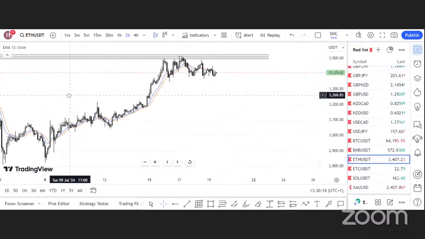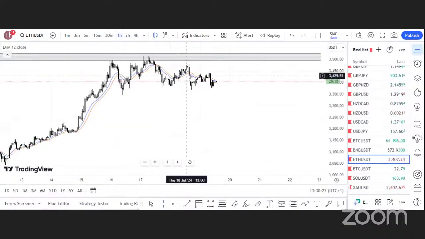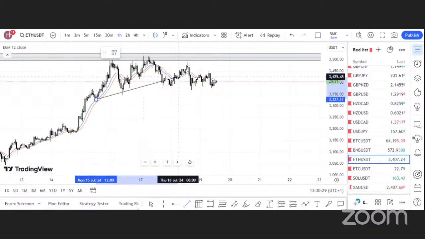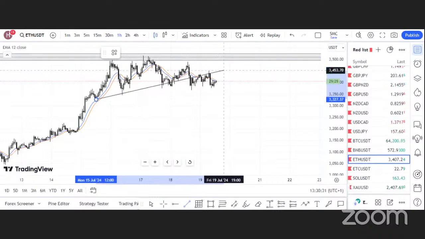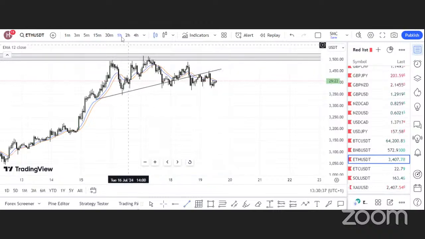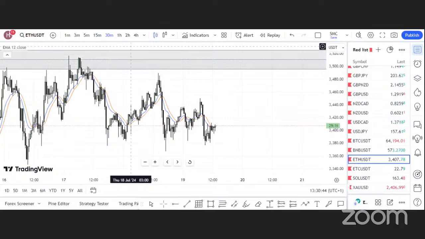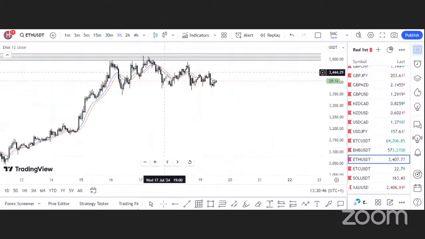Okay, now let's see how we can enter this trade, because the market had already moved past the entry level, which is the sniper entry level. So let's drop down to the lower time frame and see if there's an opportunity to move along with this trend.